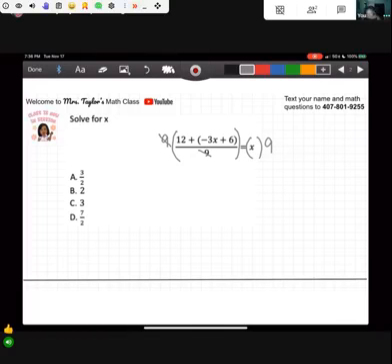On the left hand side, and on the right hand side you're left with 9x. So now I have 12 plus negative 3x plus 6 is equal to 9x. And then on the left hand side, I'm going to combine like terms before I start actually maneuvering them.